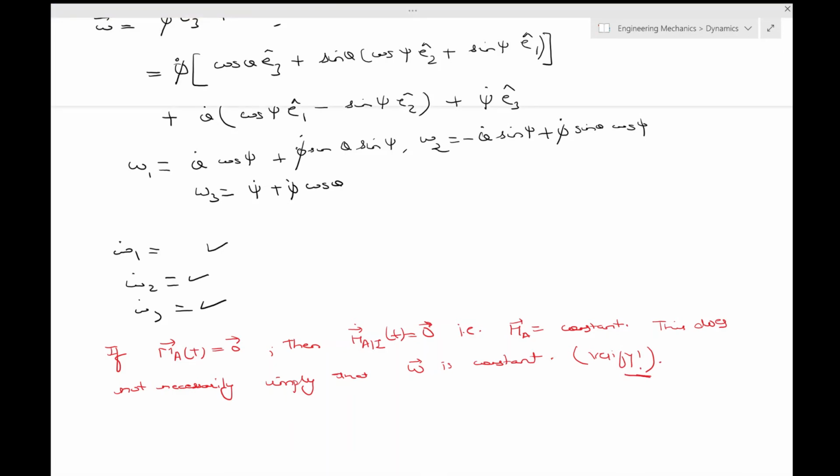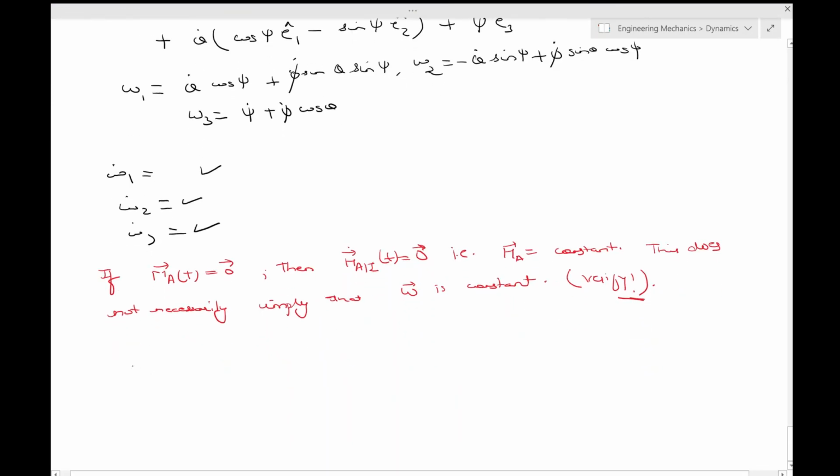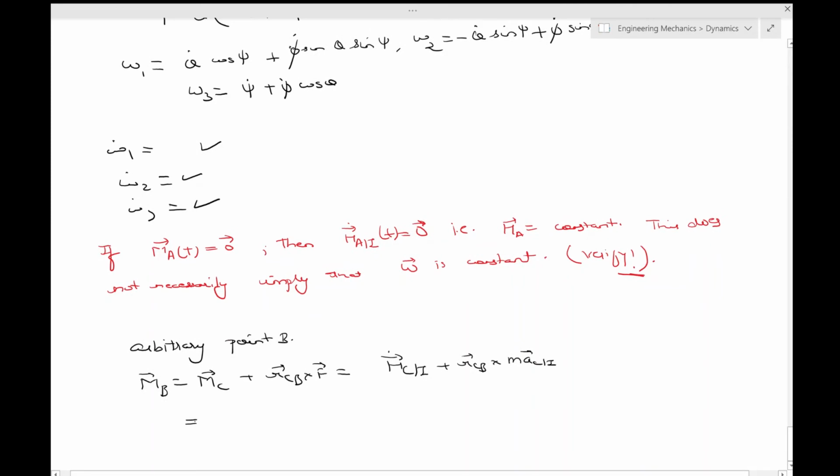Again, if you have an arbitrary point B, the moment equation for that would be MB is equal to MC plus RCB cross F. This can be written as HC dot in I plus RCB cross F, which can be written as MAC in I. So then you can write this H dot C as, let me just first write this term, RCB cross MAC in I plus IXX of C omega x dot.